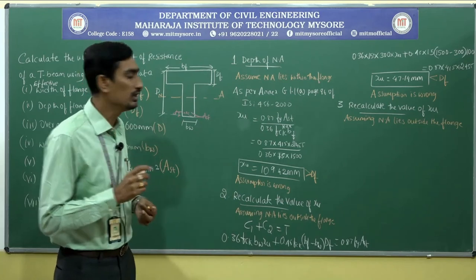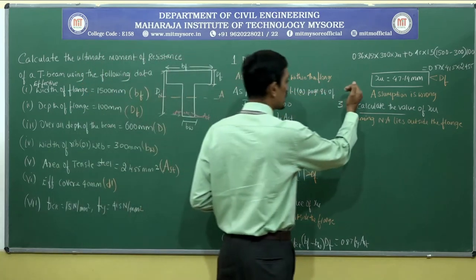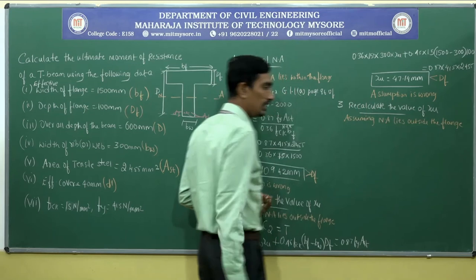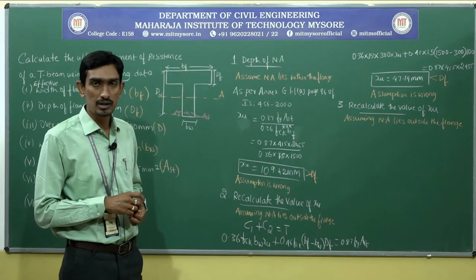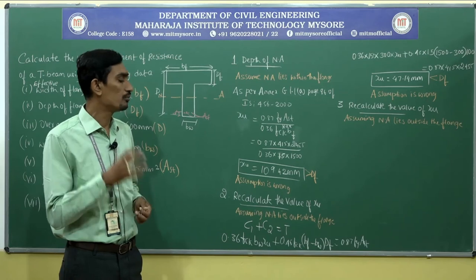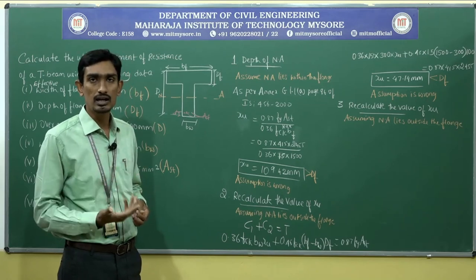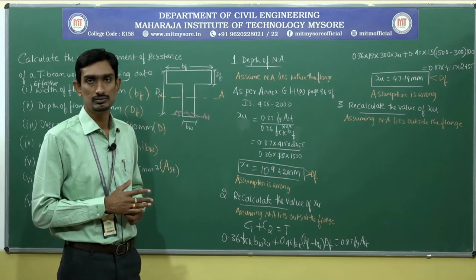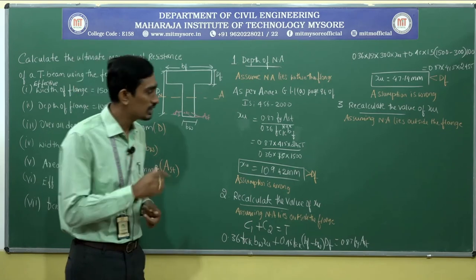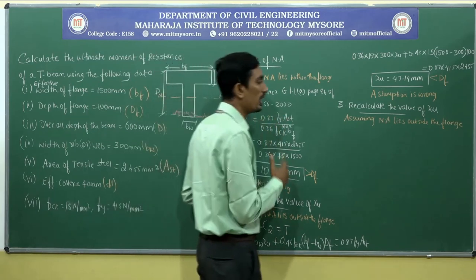In the last session, we arrived at XU greater than DF in the second step itself, and the assumption was right. But in this particular problem, whatever assumption you made in the recalculation of XU, once again the condition has failed.